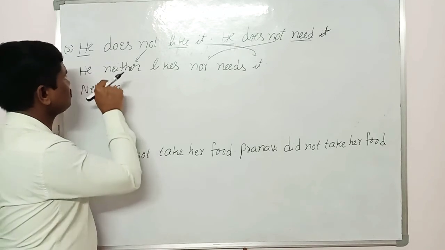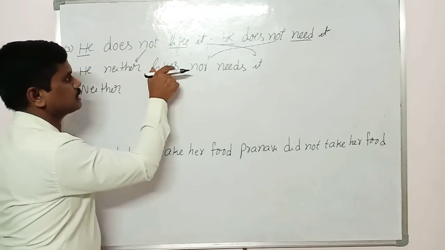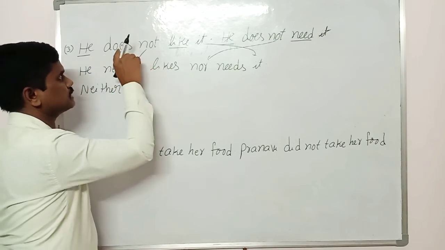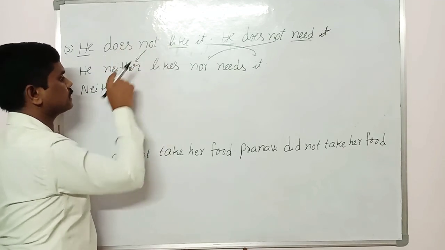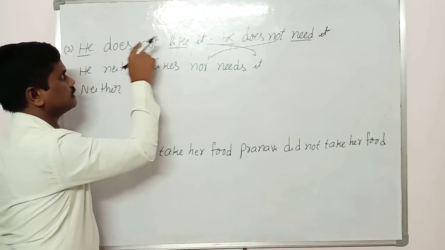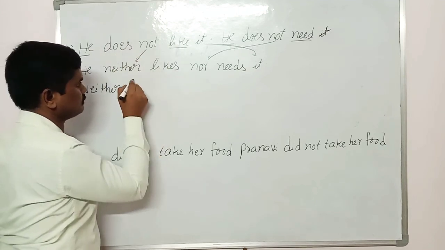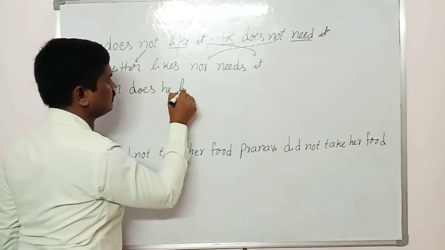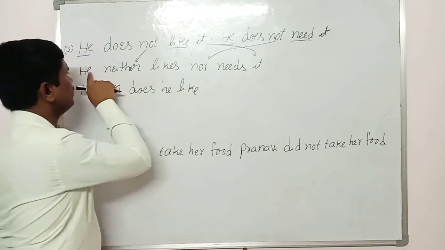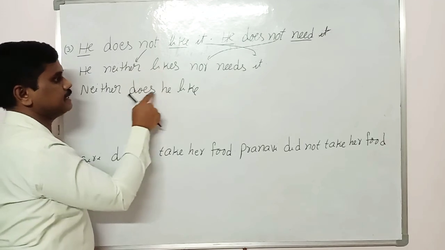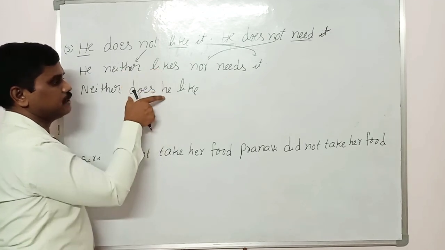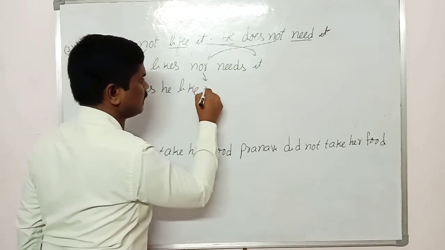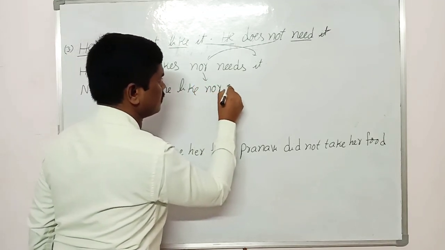So here, he is the subject, likes is verb 1s, that means simple present tense. Does like, already not negative. Does like changes to does he like. The first sentence you change into question structure and the remaining part you write as it is. That is nor needs it.